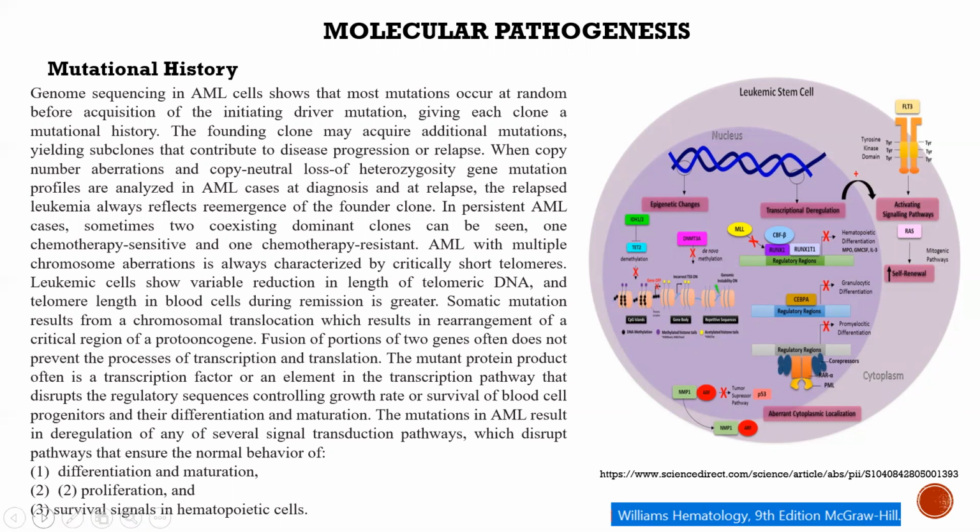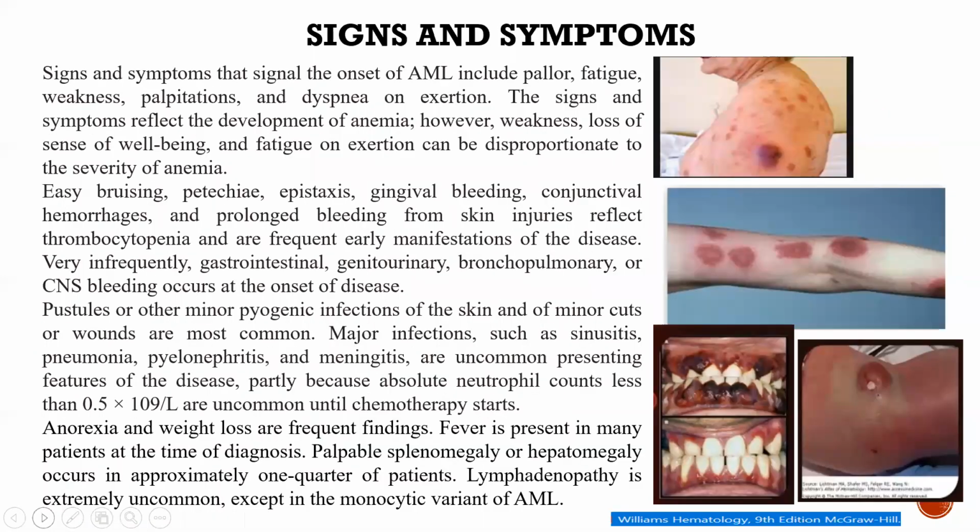The mutation in acute myeloid leukemia results in deregulation of several signal transduction pathways, which disrupt the pathways that ensure the normal behavior of differentiation, maturation, proliferation, and survival signals in hematopoietic cells.